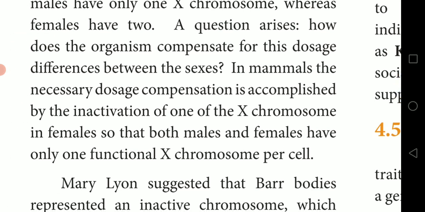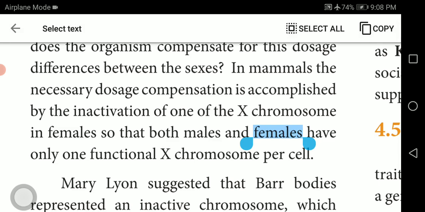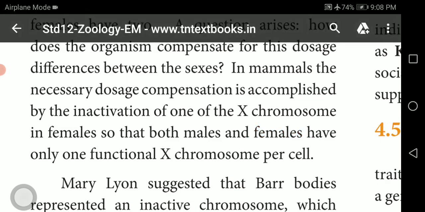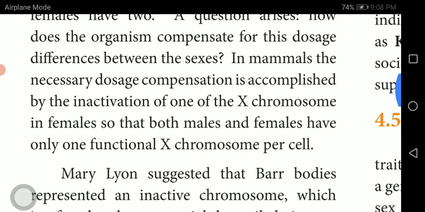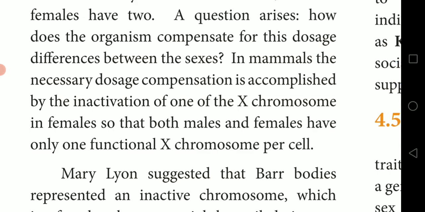So in the male, XY, there are 1000 functional genes in the X and 60 in the Y. Whereas in the female, 2000 functional genes would be there. That's the question that arises here.